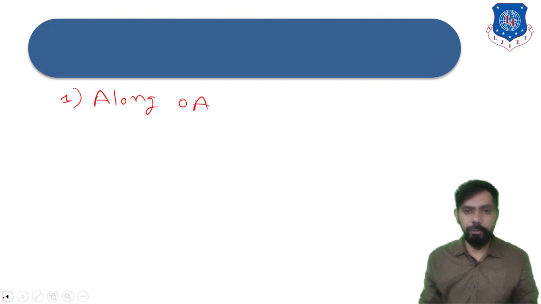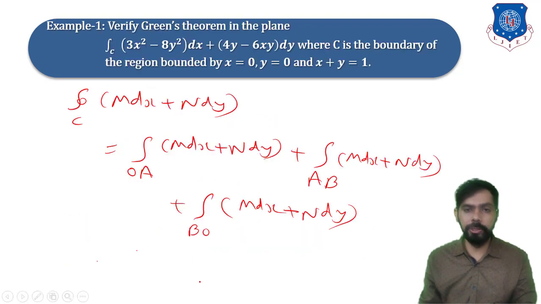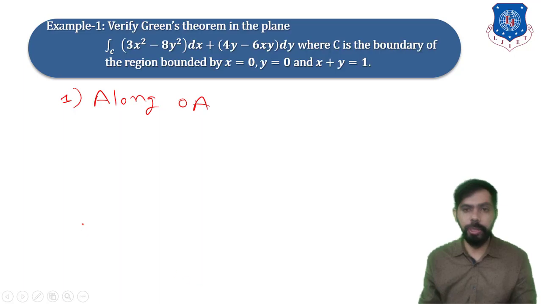So if we look at the graph, OA is actually the x-axis, so on the x-axis y is equal to 0. So OA path represents y equal to 0 line. So along OA y will be 0, therefore dy will be 0.